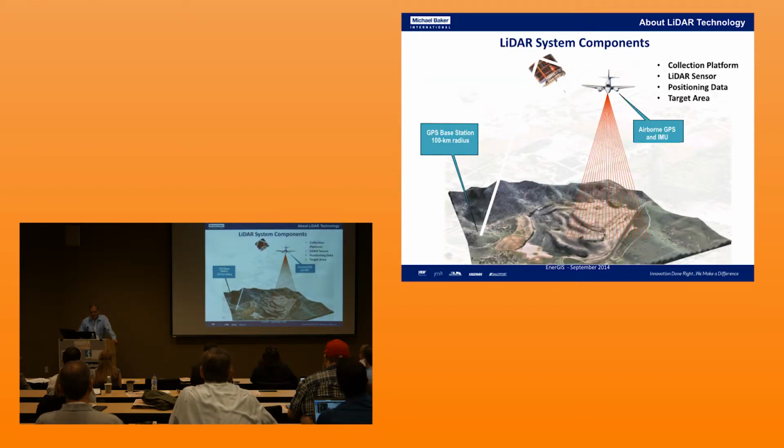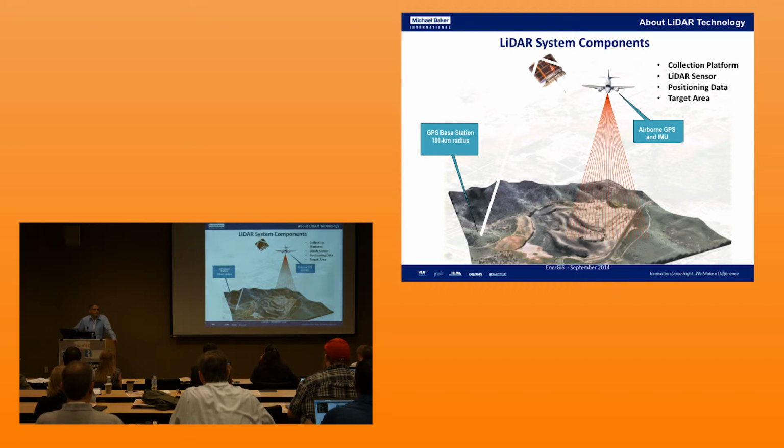So this is a simple snapshot of the aerial LiDAR system components. Basically, it has the LiDAR sensor, which transmits the light signal and collects it. And you have the GPS to provide the accurate position, XYZ. And it has an inertial measurement unit or the navigation unit for the attitude.